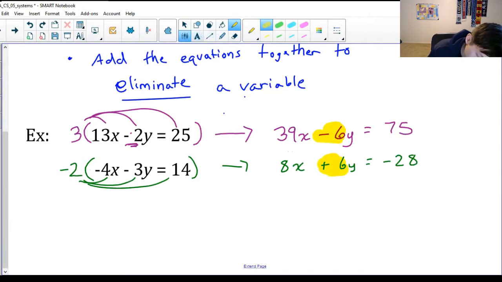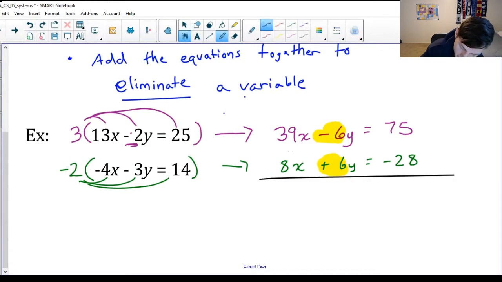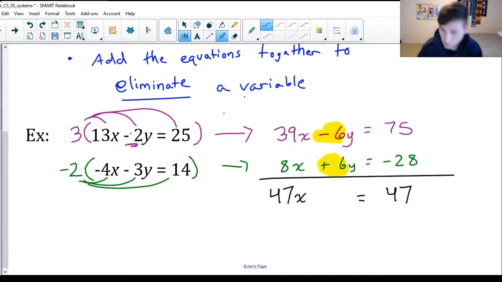Once I have that, then we can just add my equations together. 39 plus 8, 47x. Negative 6y plus 6y, 0. And 75 minus 28, 47.